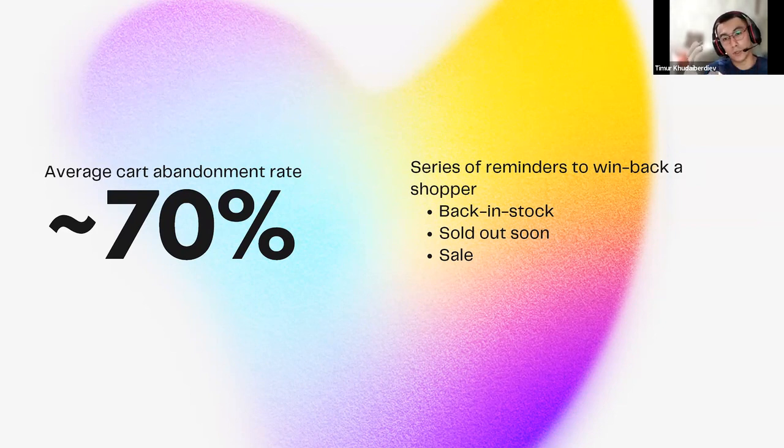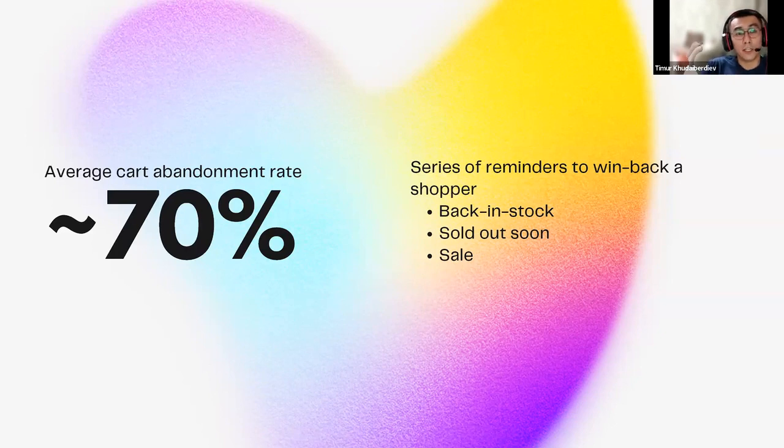The most popular one is back in stock. There are even a lot of apps for this on Shopify for only this one thing, since it's something very big that people can combat. So back in stock, what happens here? Whenever you have a product which is unavailable at the moment for the shopper, as I mentioned, you let them know that this product is not available now, save it to your wish list.